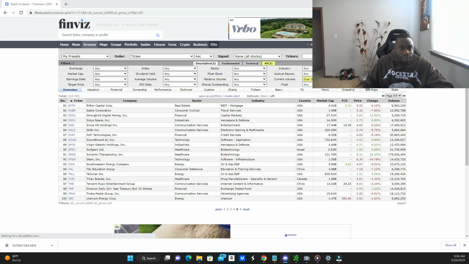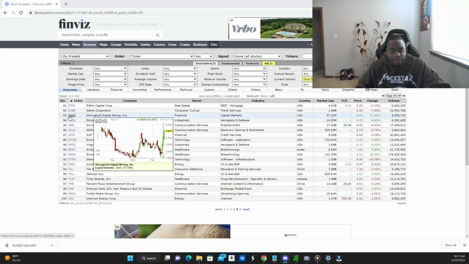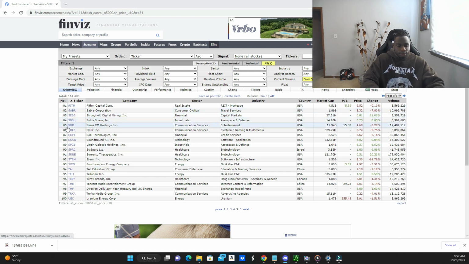So just putting everything down that's over 10% change on a day. You can see this little preview screen here on SDIG. It doesn't look like the best daily chart, but still putting it on the list.